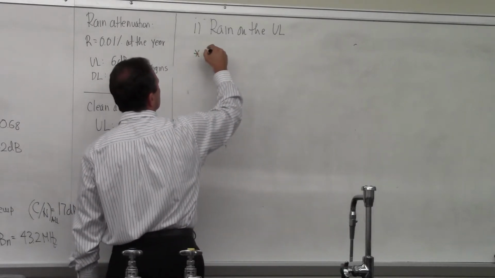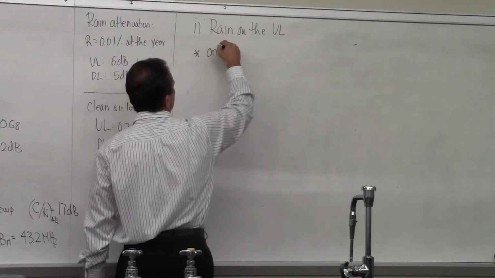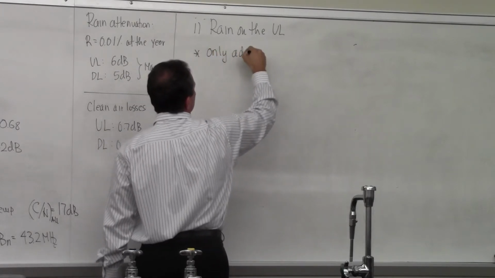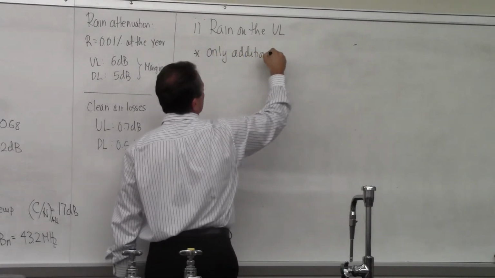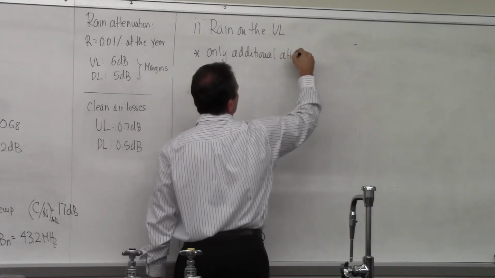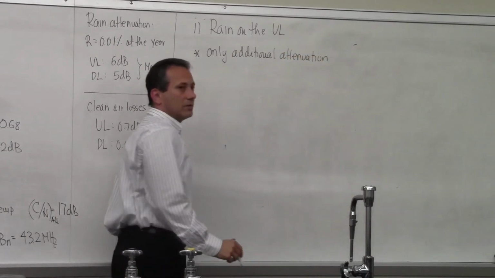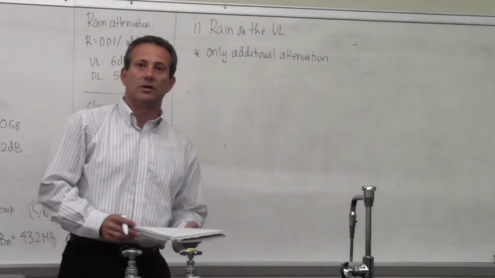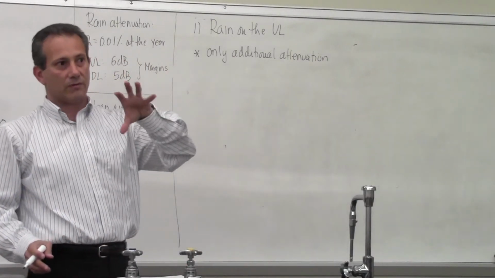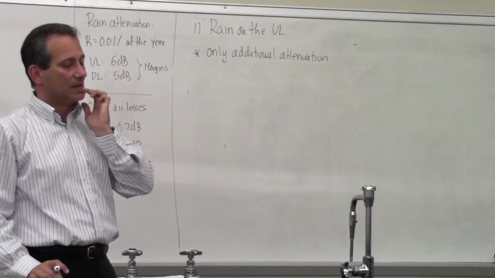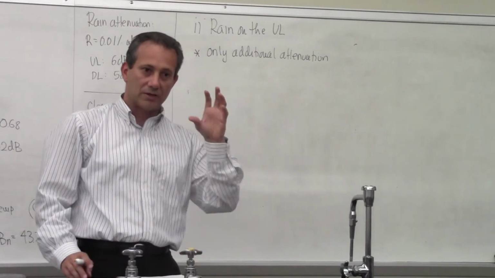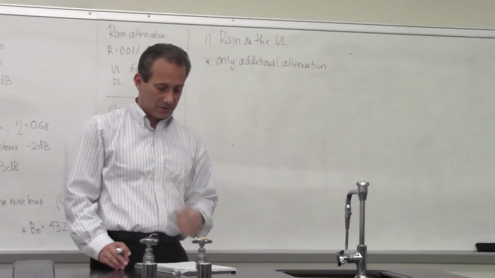What happens in that case? Only additional attenuation, right? Because the temperature of the rain is the same as the temperature of the earth. Therefore, what you're viewing from the satellite receive antenna does not change in temperature. So the system temperature will not change in this case.